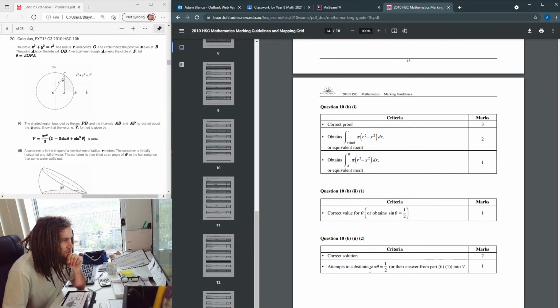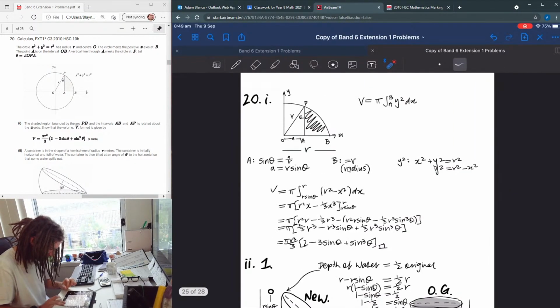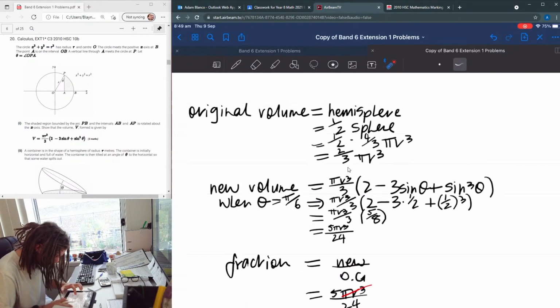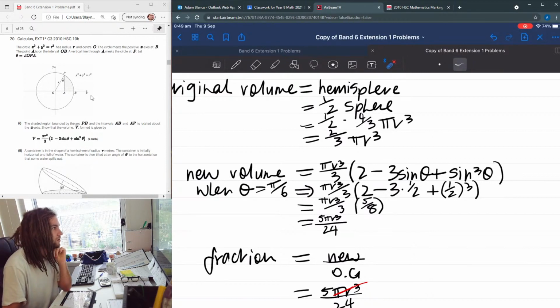Attempts to substitute sine theta equals a half, or their answer from part 2, into V. So making this substitution into there gives you a mark. Okay, so that's a recognition of the link between these two questions.